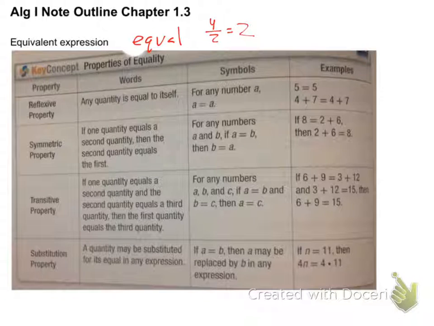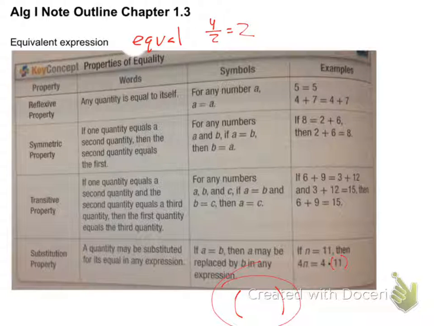Now, one thing I will say that goes along with this. Anytime you are using substitution, I want you to use those. And what are those? On the bottom there. Parentheses. If I'm going to substitute a number in, I want parentheses used. So, if I use their example, I want to see that there's parentheses around the 11.